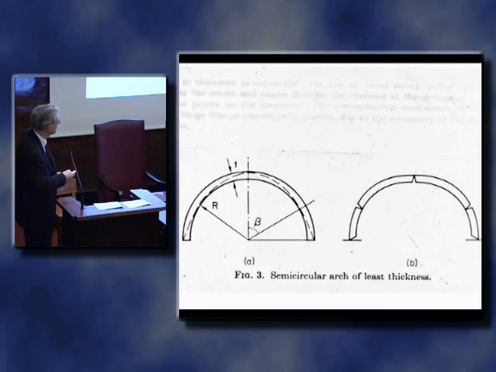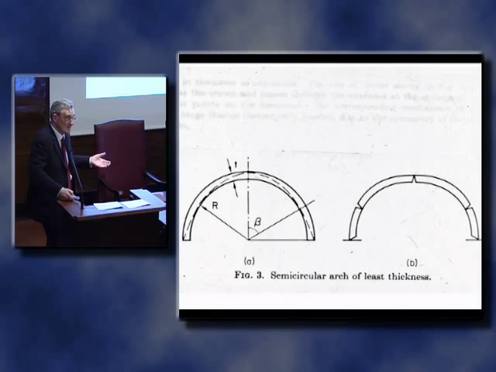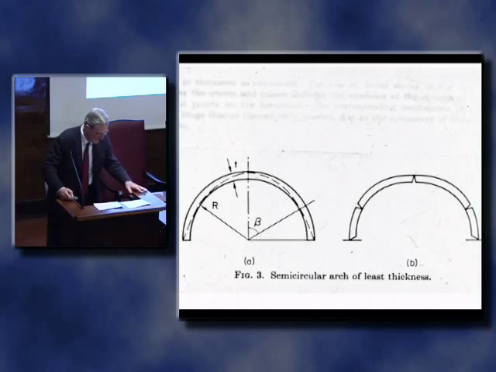And here you get a mechanism of collapse of the structure. The three hinges that we got just by the abutments moving apart do not in any sense connote ruin of the structure. They are merely an inevitable consequence, indicating that some movement has occurred at some time.